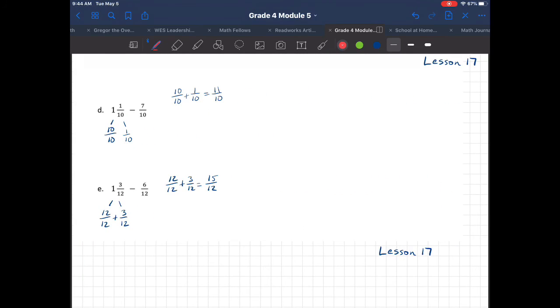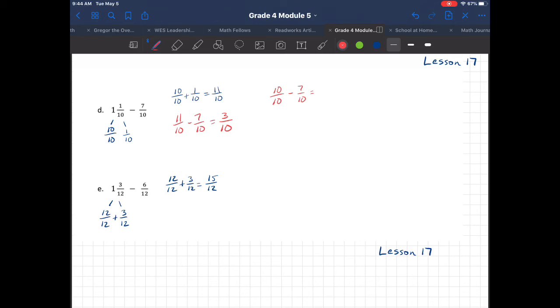And we are continuing with the same thing. Of course, I already took it apart. 11 tenths is the same as 1 and 1 tenth. So 11 tenths minus 7 tenths is 3 tenths. If we took the 1 and subtracted that 7 tenths, we'd get, whoops, I made a mistake back there.